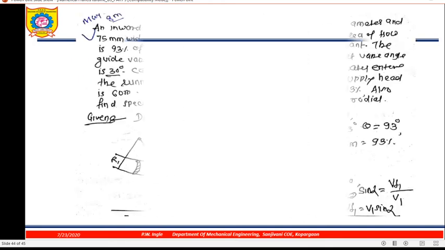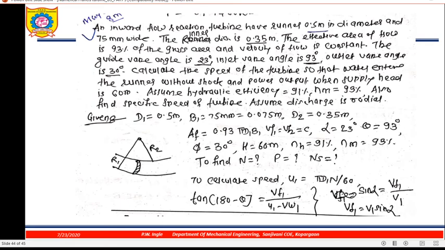Now next. An inward flow reaction turbine has a runner of 0.5 meter in diameter and 75 mm wide. The inner diameter is 0.35 meter. The effective area of flow is 93% of the gross area and the velocity of flow is constant.